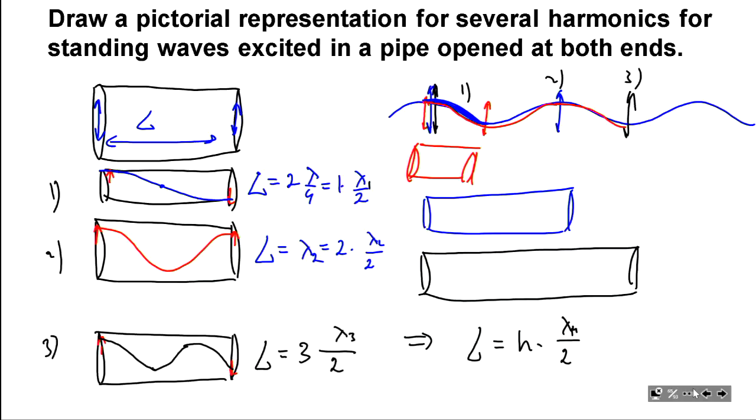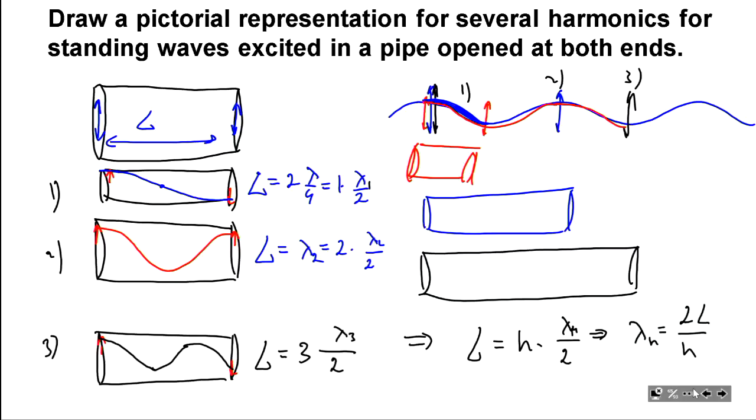This running number 1, 2, 3, 4, 5, 6, 7 basically represents how many half wavelengths we can fit. But normally we would solve it for the wavelength number n.